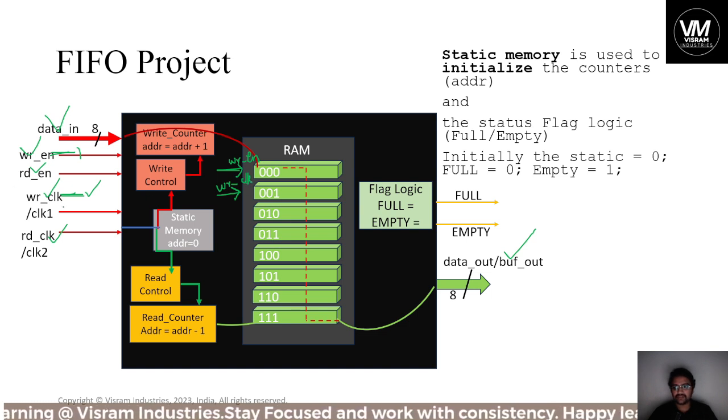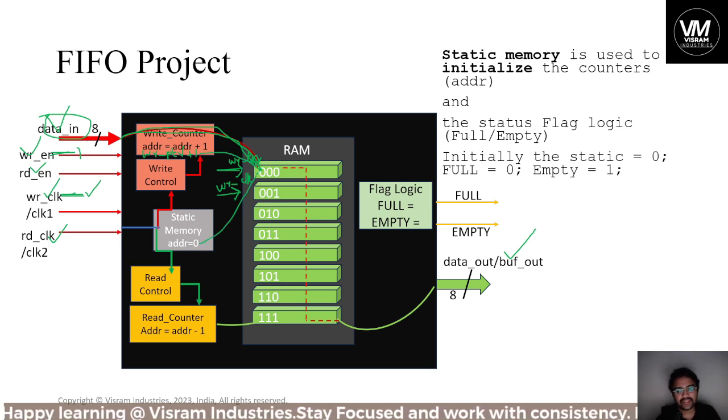So for those two things, your RAM will be accepting the data from data in this manner. Follow along the red line here according to my cursor. So at the particular location of the write pointer, here this is the write pointer, that particular address location initially is 0. So that is what static memory is doing. Got it? And that is the write process.